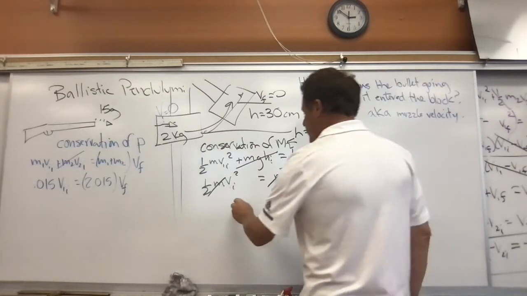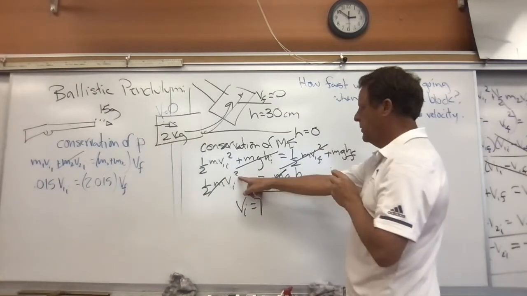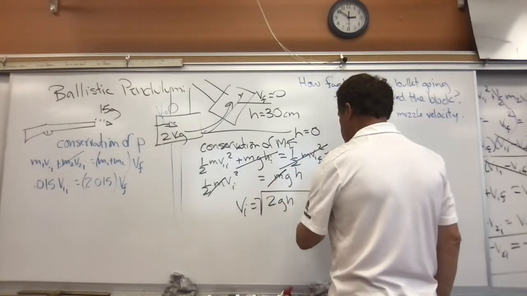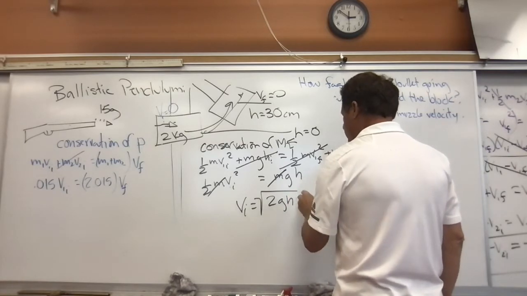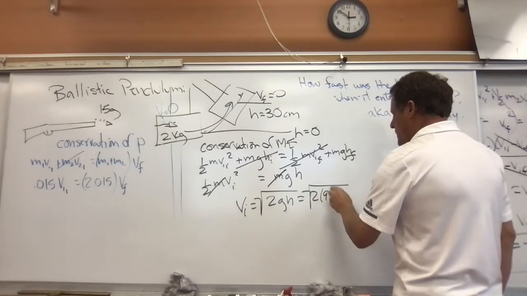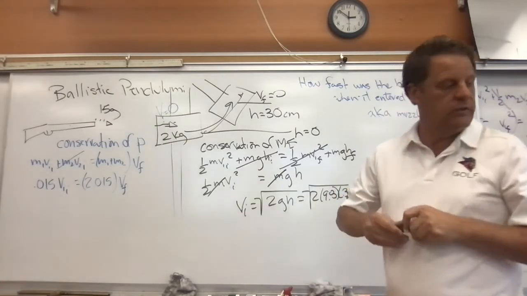And if we do a little math, we can say our initial velocity here is going to be the square root of 2gh. And that is going to be the square root of 2 times 9.8 times 0.3 for our 30 centimeters.